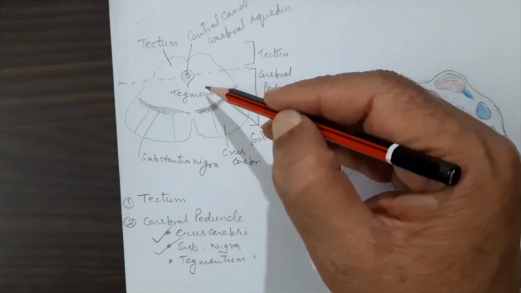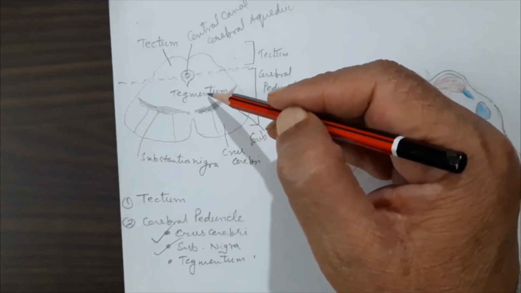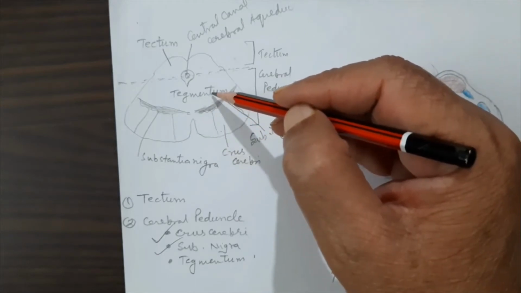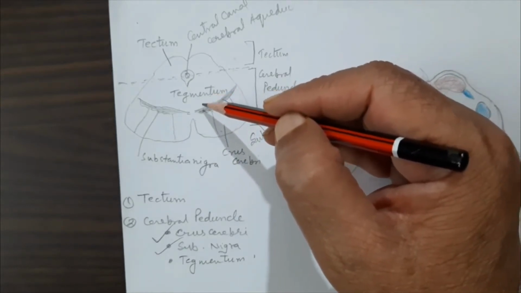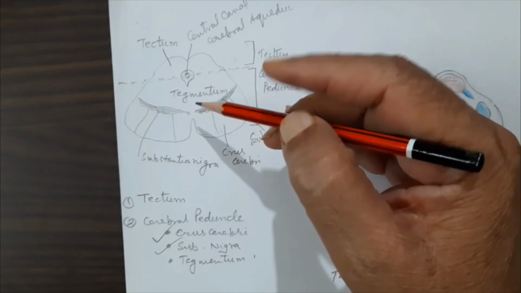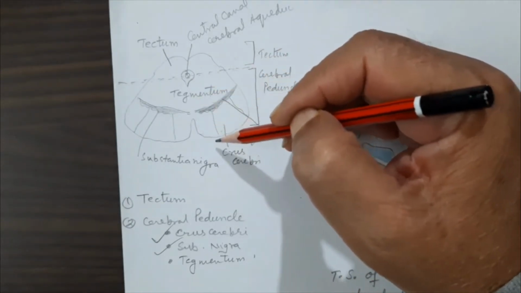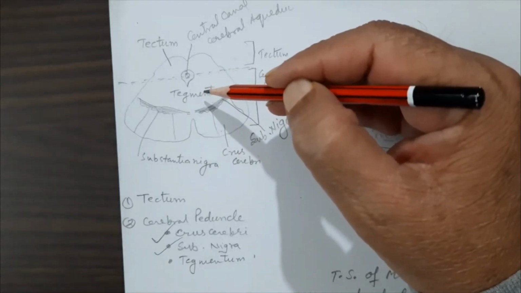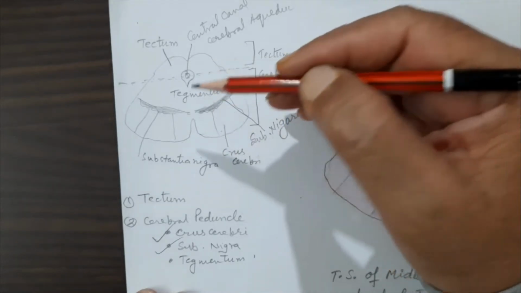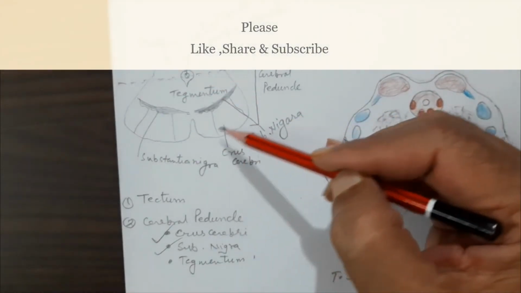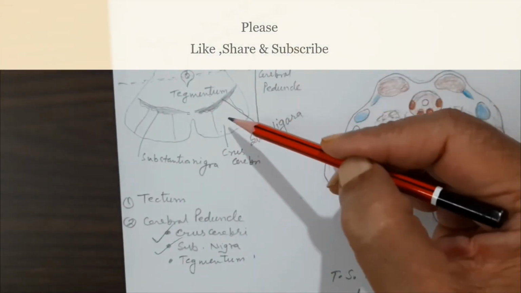Okay, this is similar to, or an upward continuation of, the tegmental part of the pons, which was lying posterior to, or dorsal to, the basilar part of the pons. So the same tegmental structures of the pons are continuous into the midbrain. Let us now see some little detailed structure of the cerebral peduncle.